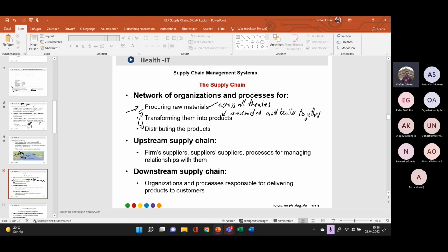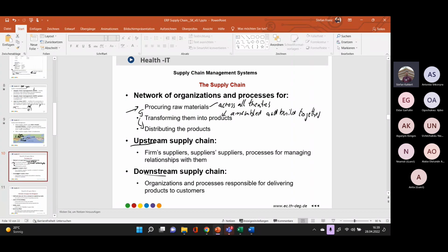And for this, usually we know 2 streams in a supply chain process, an upstream and a downstream. So the question is, what is the difference? Suppliers, and the process for managing relationships with them, is usually called the upstream supply chain, whereas downstream is more about delivering products to clients.